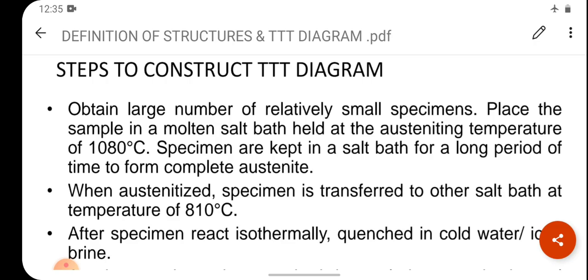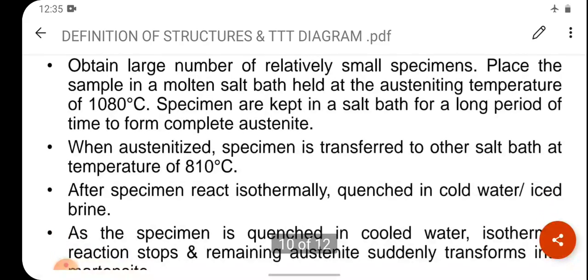The austenitized specimen is transferred to another salt bath at a temperature of 810 degree Celsius. After the specimen reacts isothermally, it is quenched in cold water or iced brine. So, as the specimen is quenched in cold water, the isothermal reaction stops. What was happening? I kept it at 810, so it was transforming isothermally. After that, I quenched it, placing it in cold water, in iced brine.